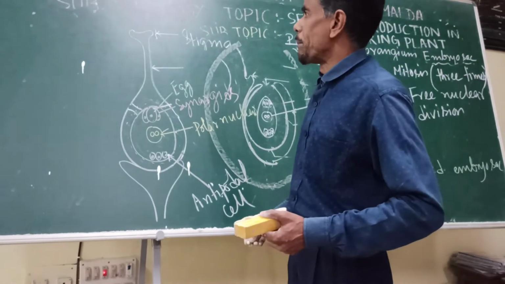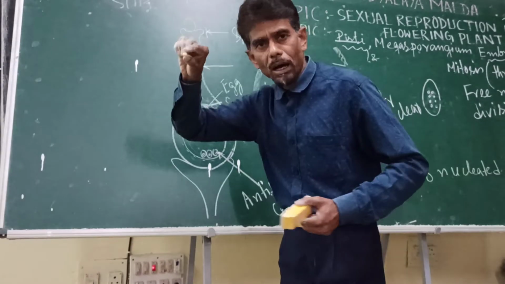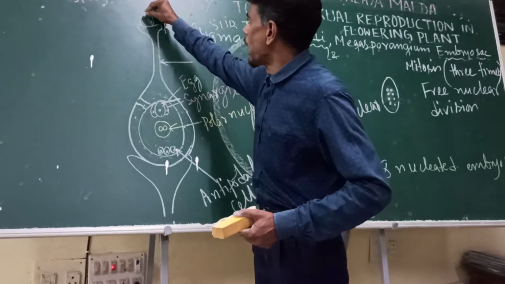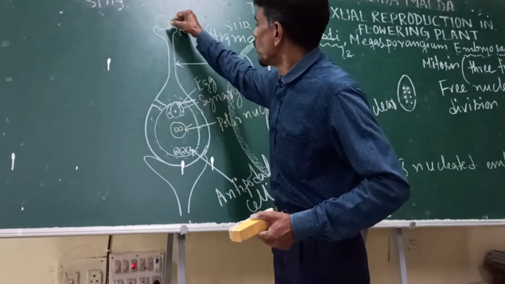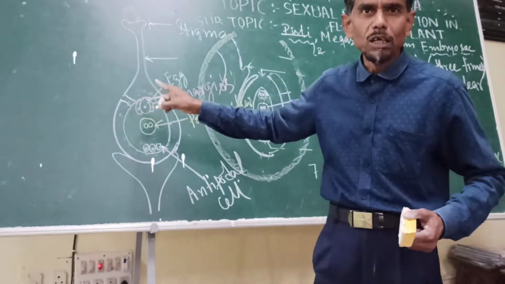Now, what will happen when a pollen grain lands over here? The intine will further develop and the further process of fertilization will take place.